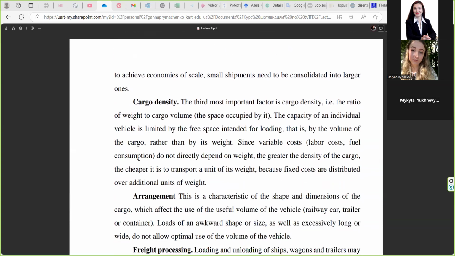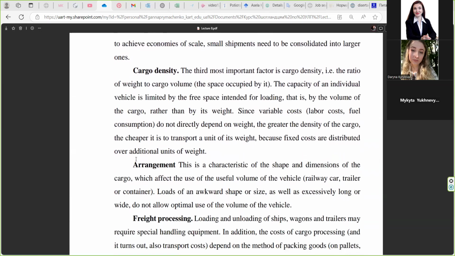The next factor is cargo density. The third most important factor is cargo density, the ratio of the weight of cargo to its volume, the space occupied by it.